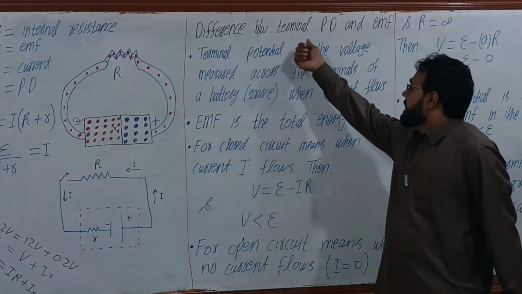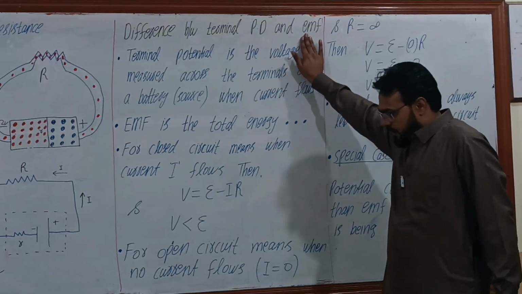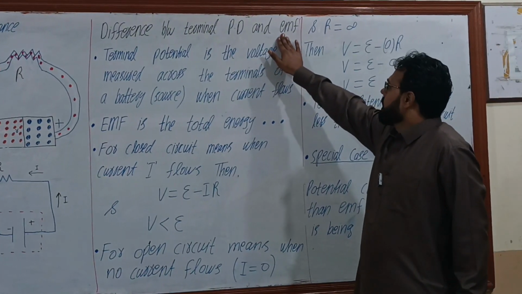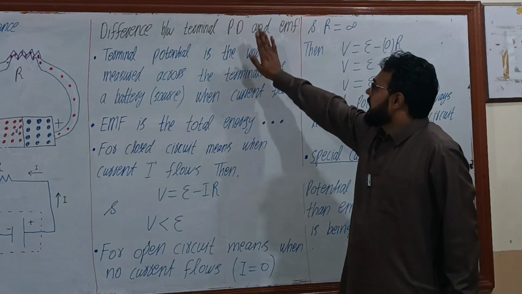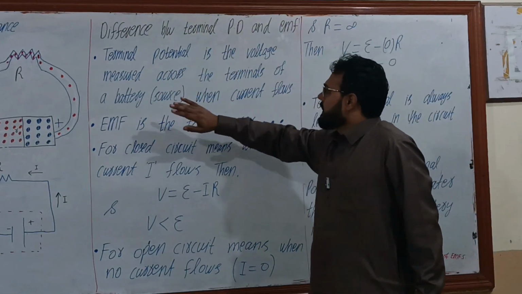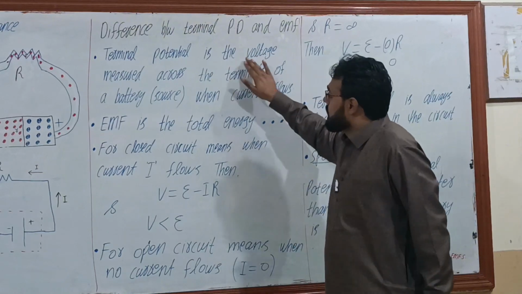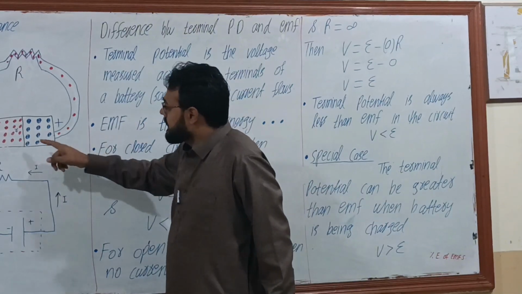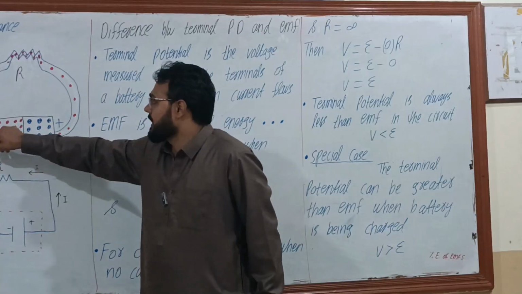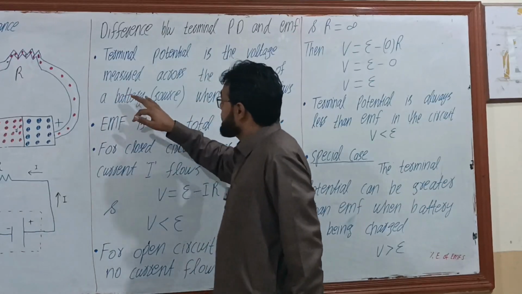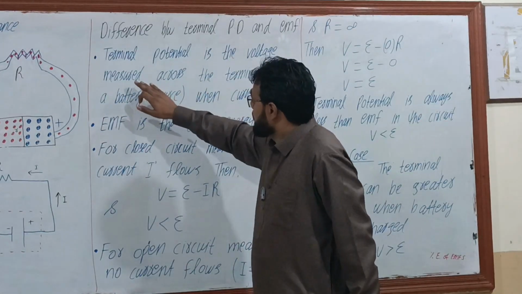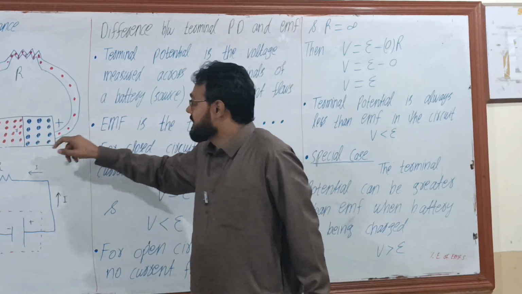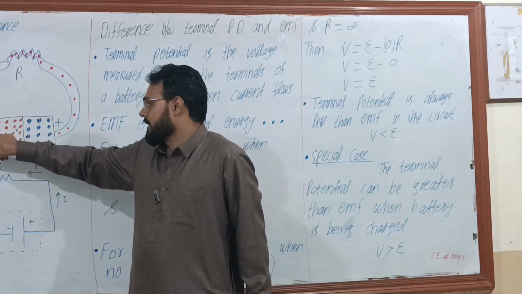Difference between terminal potential difference and EMF. Terminal potential difference is the voltage measured across the terminals of the battery. This 12 volt is the terminal potential difference. And EMF is the total energy provided to a unit charge. Terminal potential is the voltage, the energy left at the terminals of the battery.